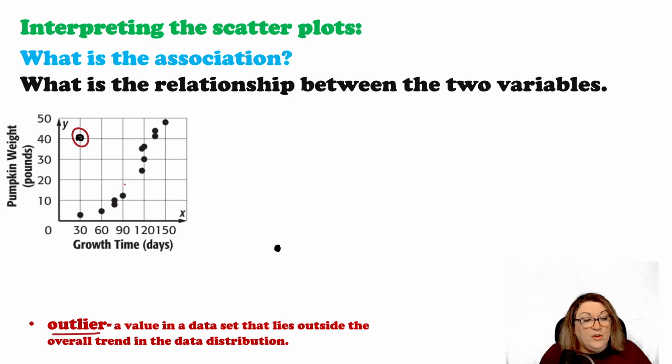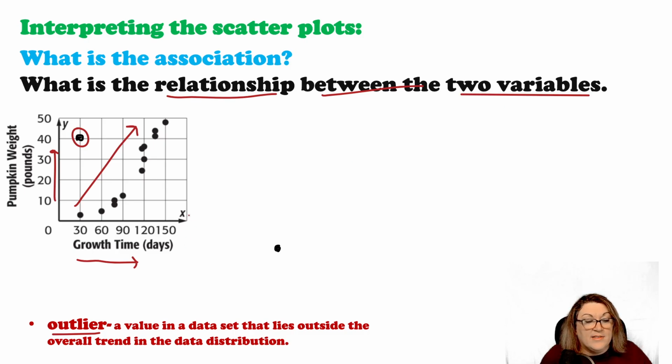Okay, so if you look at this one, it looks like it's a positive trend. So it's going up from left to right. And because of that, we know that as the days increase, the pumpkin weight in pounds is also going to increase. Okay, so that's what they're talking about. What is the relationship between the two variables? Well, what are the two variables?